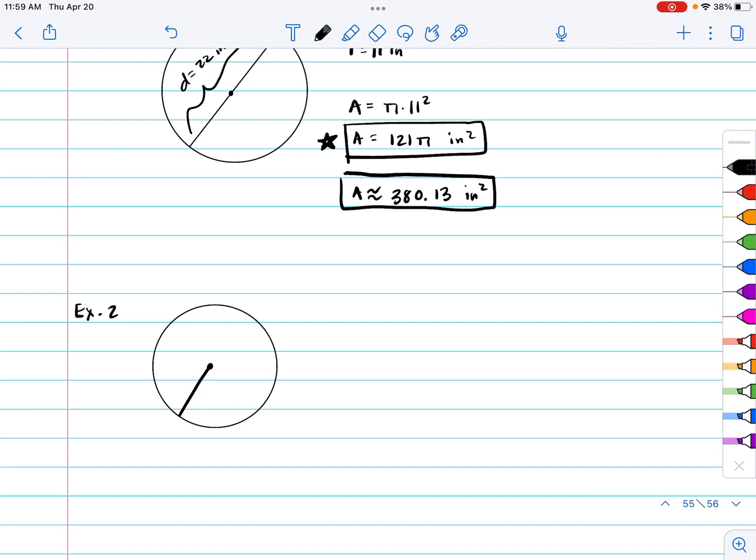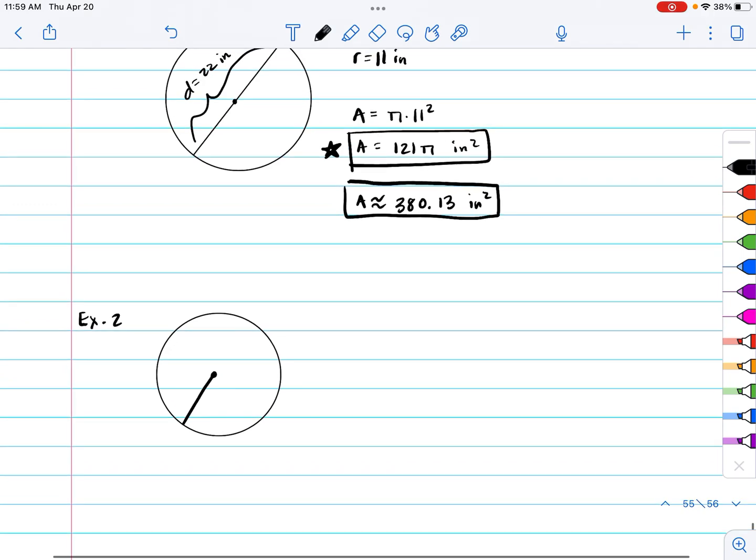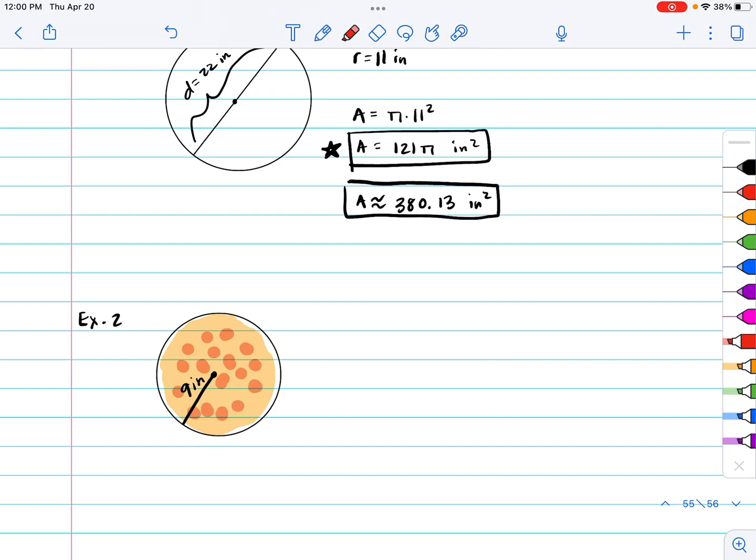Let's say this pizza slice has a radius of 9 inches this time, okay? Well, we could always solve for the area of this entire pizza. Let's shade this around. And it seems like the most popular pizza, according to some of my other classes, is pepperoni. So let's make some pepperonis.